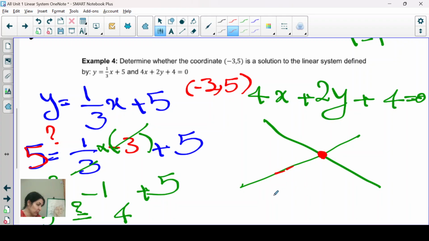So this is not a solution because it doesn't work on the first one. I don't bother trying the other one. Good luck, and that concludes lesson 5.